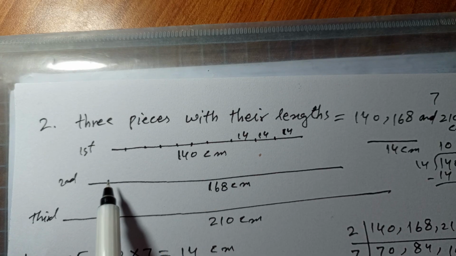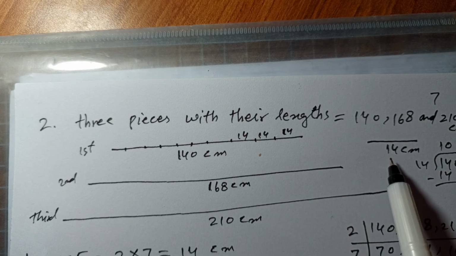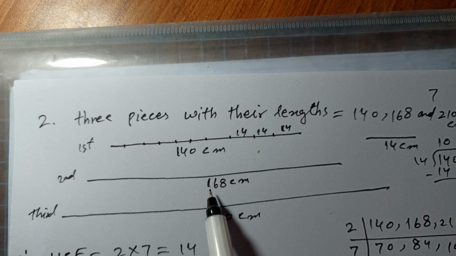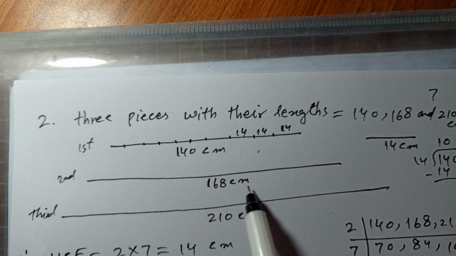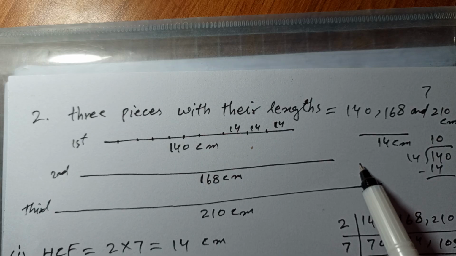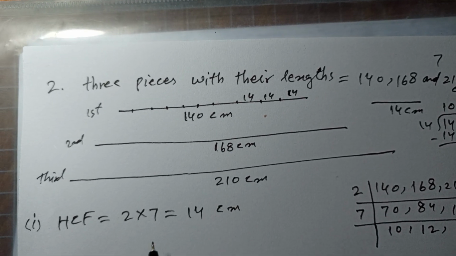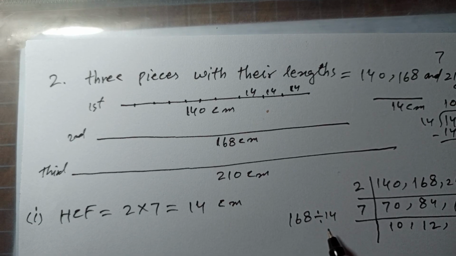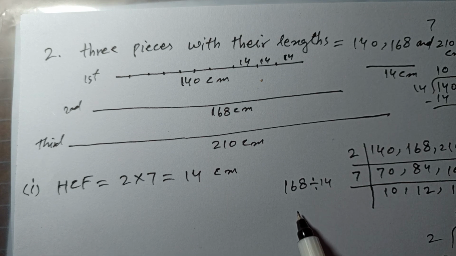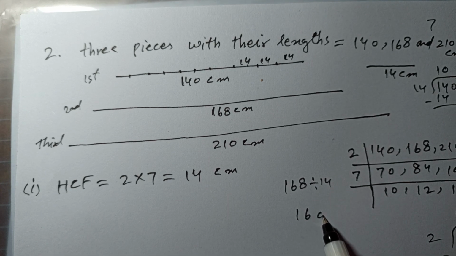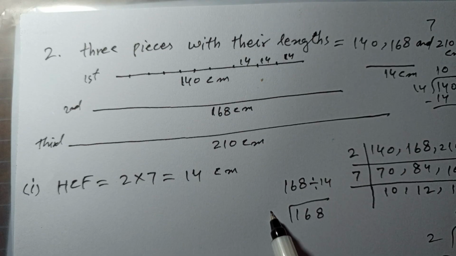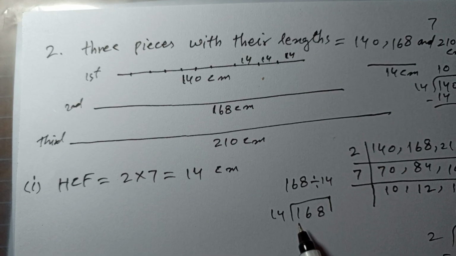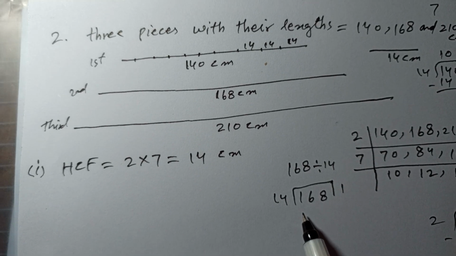And from this you will also get pieces of 14 centimeter length. How many pieces will you get? You will divide 168 by 14. 168 divided by 14. 14 ones are 14.